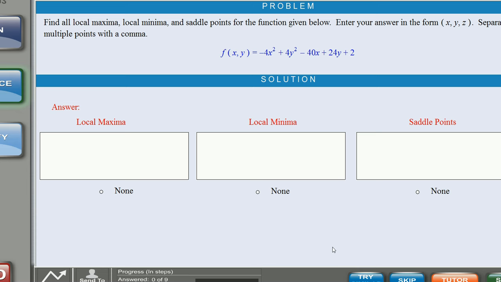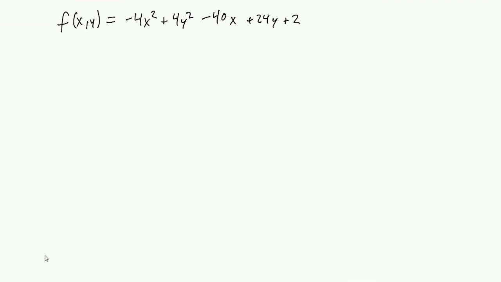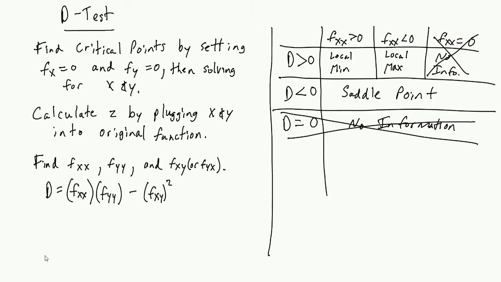To do that, we're going to have to get our first derivatives. So hold on, I'm rewriting the function. Okay, so let's go back over here. Here's our function. Remember, the first part of the test is to get your critical points, and you do that by setting f sub x and f sub y equal to 0, solving for x and y. So we've got to get f sub x and f sub y.